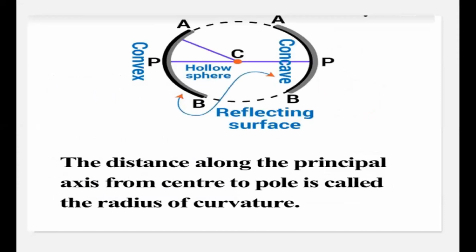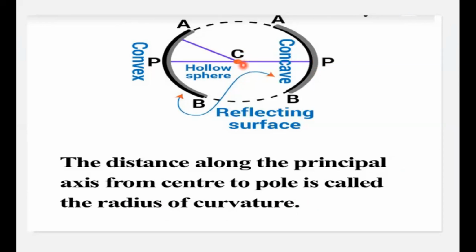So when we say center of curvature, the next terminology that is coming over here is called the radius of curvature. The definition is the distance along the principal axis from center to pole is called the radius of curvature. You all know pole is here. You all know center is here.